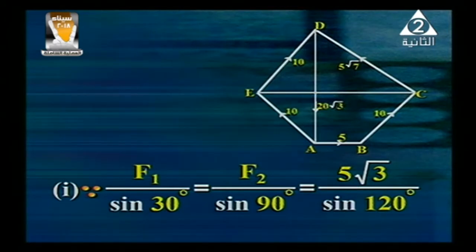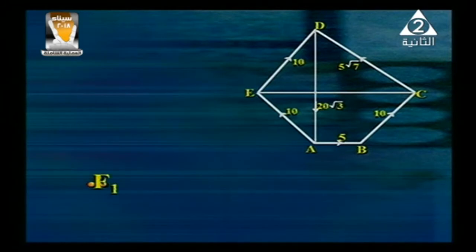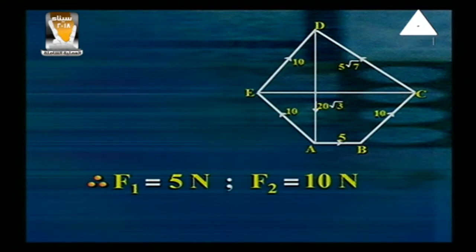By using the sine law, then by cross multiplication F1 equals 5 Newton and F2 equals 10 Newton. Dividing the set of forces into two groups.